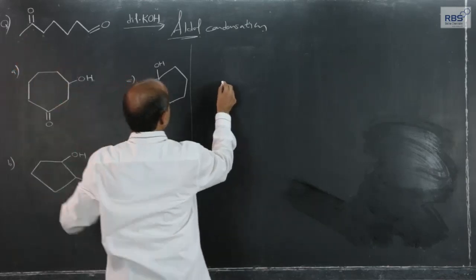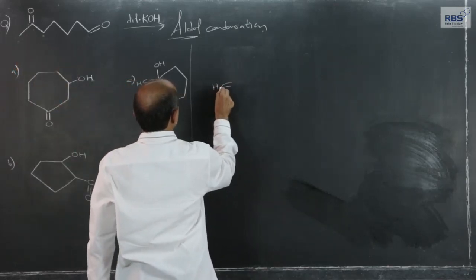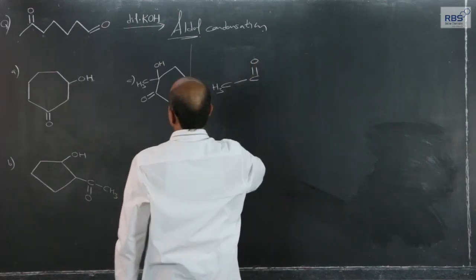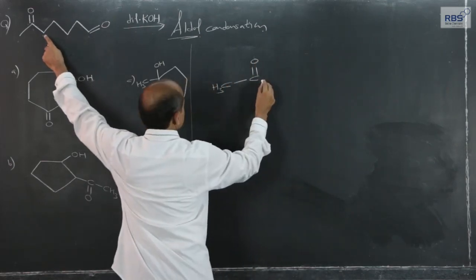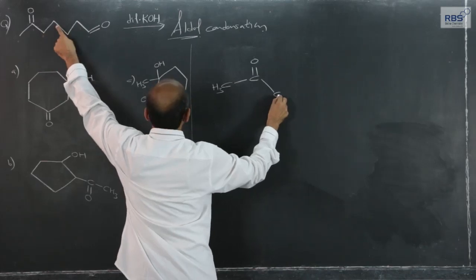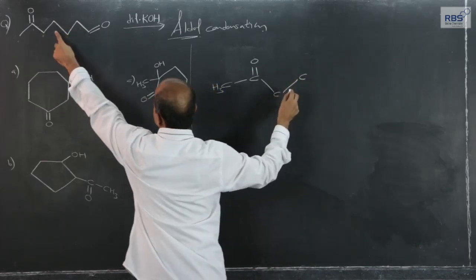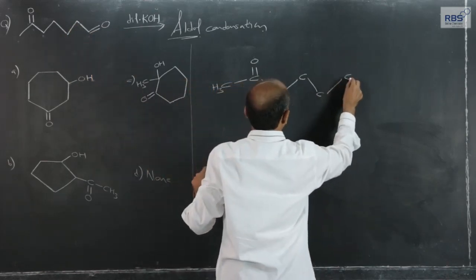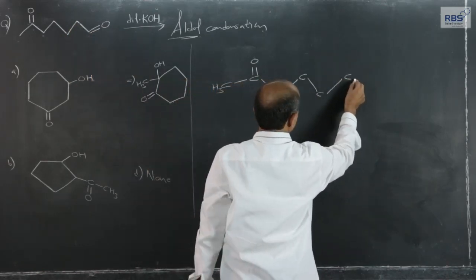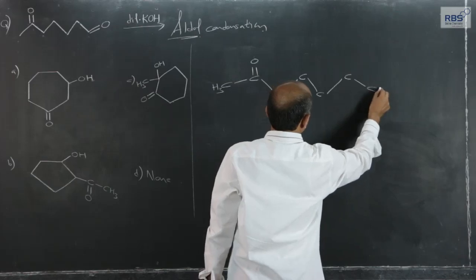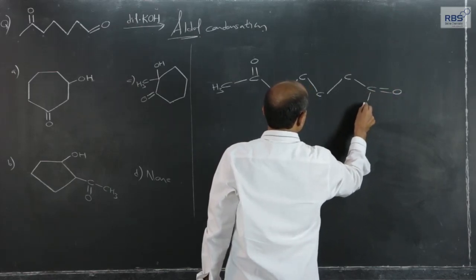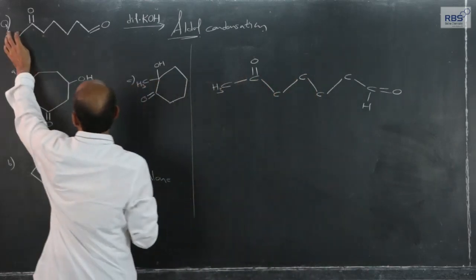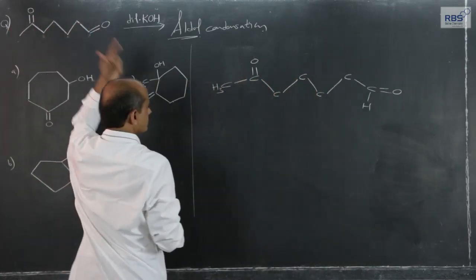Corner is carbon, therefore, it is CH3, carbonyl group, carbon, again this is carbon, and then it is a double bond, means carbon-oxygen double bond, means it is aldehyde. 1, 2, 3, 4, 5, 6, 7 carbon.